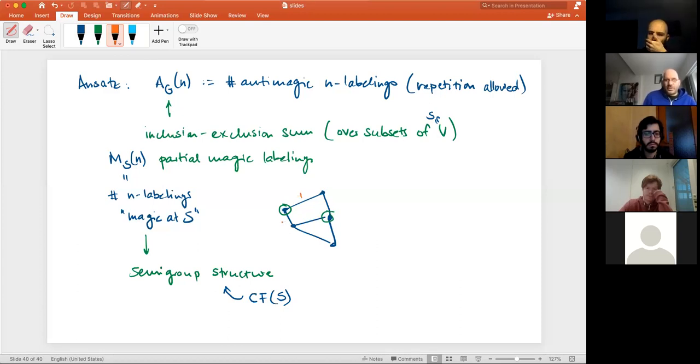Something like, I put a 1 here, a 0 here, a 1 here and a 0 here, and I don't care what's happening down here. This would definitely be an element in my semigroup. It has equal sums of labels at those two green nodes, and I guess this cannot be decomposed further. I think this is one of the completely fundamental elements in this semigroup.